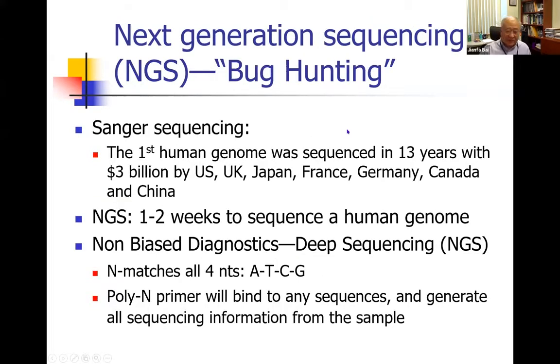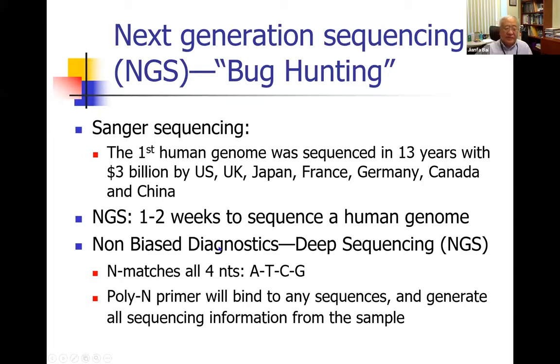Sequencing, you probably heard of sequencing or the Human Genome Project like 20 years ago or longer. For that Human Genome Project, we only had the first generation sequencing technology called Sanger sequencing that took us 13 years, spent $3 billion and collaboration of 20 different labs, to get one human genome done.